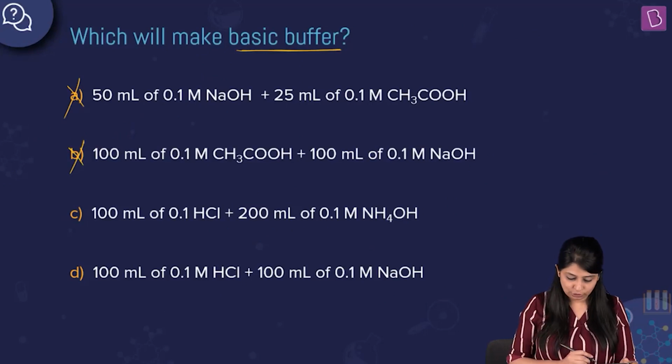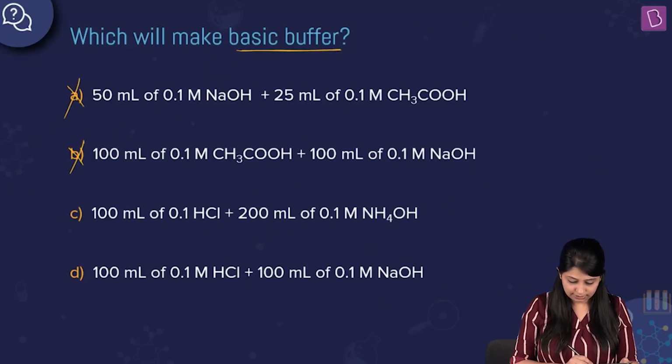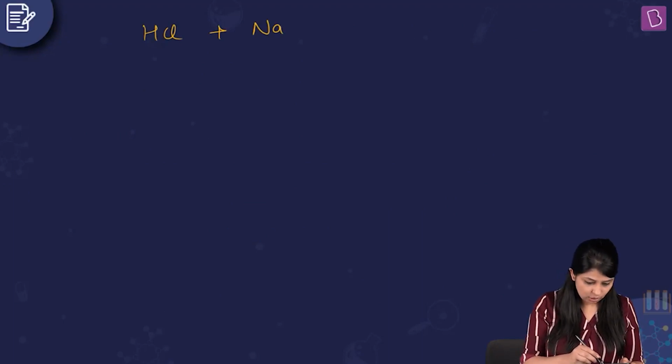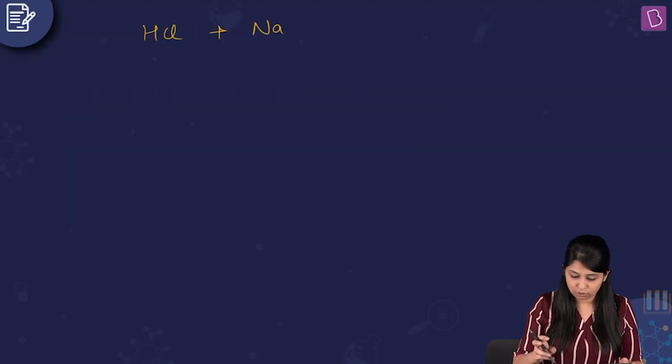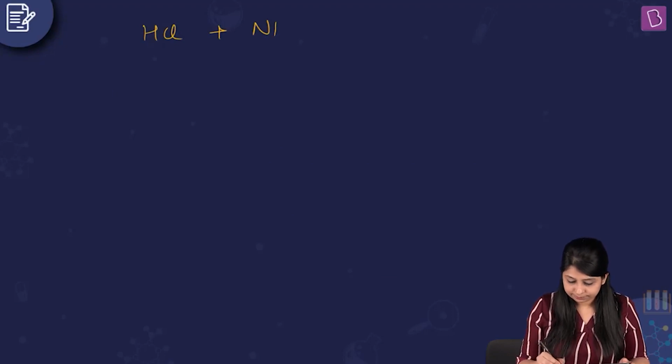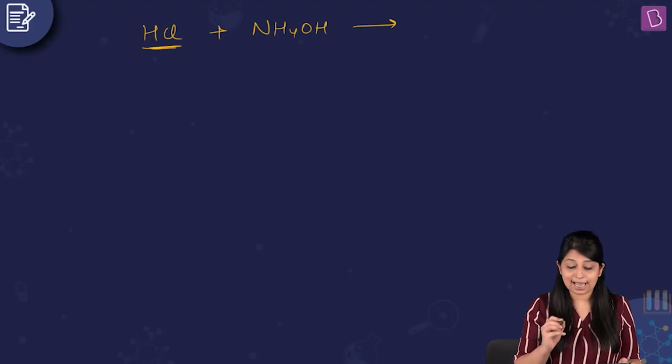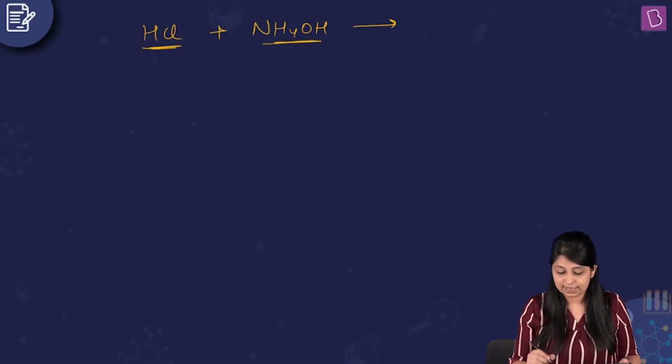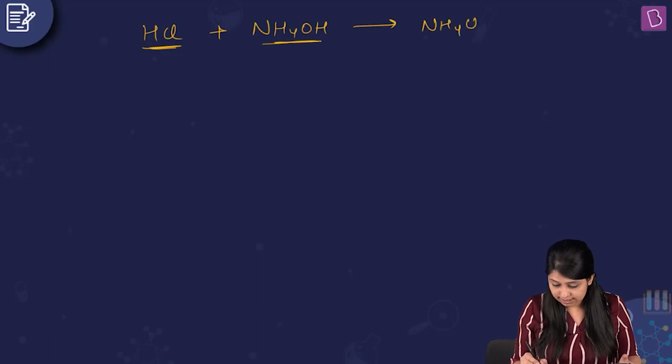So let's move on to option C. So here we have HCl reacting with NH4OH. This is a combination of a strong acid and a weak base. So they will react to give the salt, that is NH4Cl plus water.